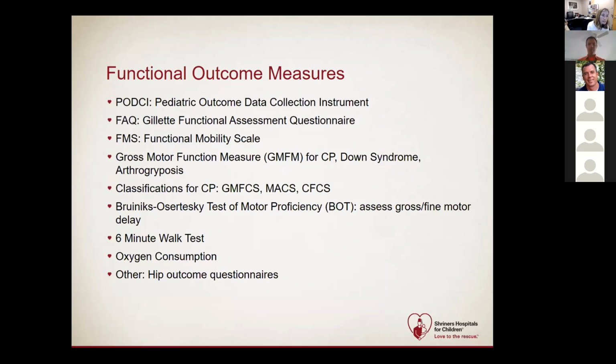And for all kids that have cerebral palsy or some neurologic disorders, we look at their gross motor function using another scale. And we have various other smatterings of tests that we can use on other kids with other diagnoses, just to get a comprehensive look at what they're doing with their gross or fine motor skills. If we're concerned about endurance issues, we can do a 6-minute walk test. And in the lab, we do have the capability of doing oxygen consumption.